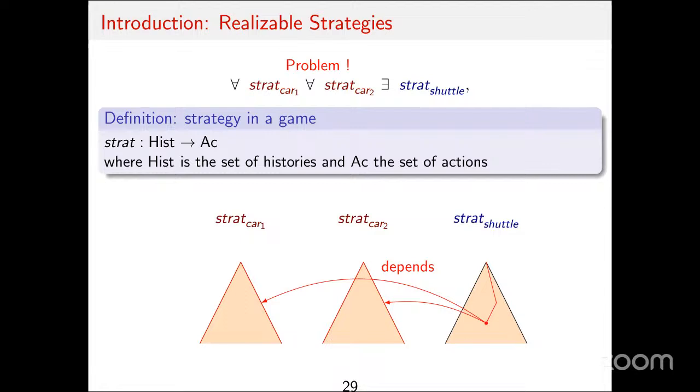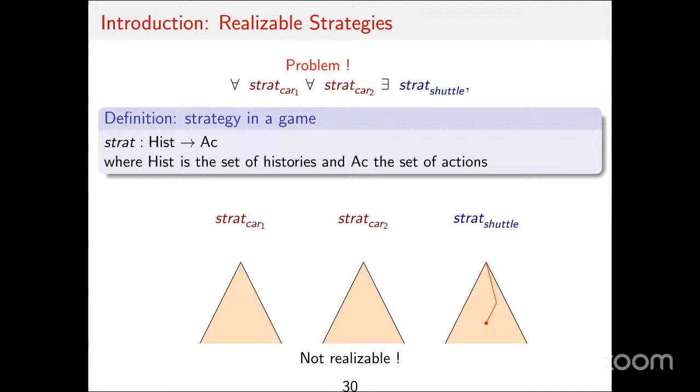And in practice, we don't have the strategy at hand. This is what we call a non-realizable strategy, because even if the strategy has the good form, you cannot compute it because you need extra information, so you have extra dependence on your strategy.